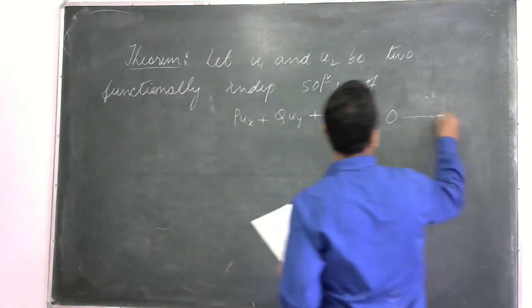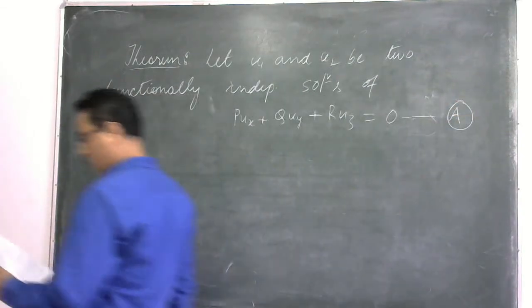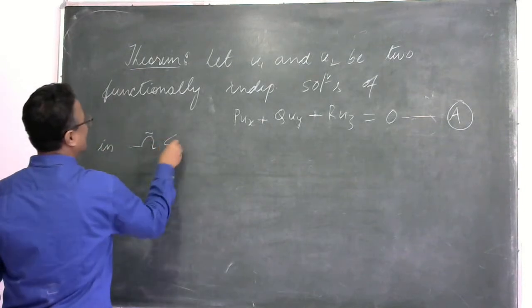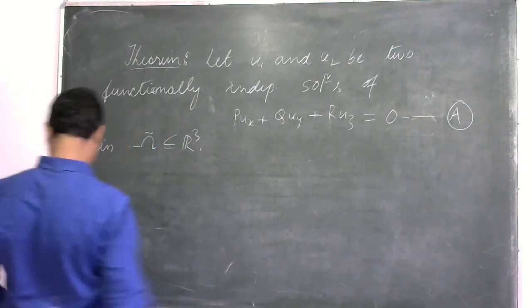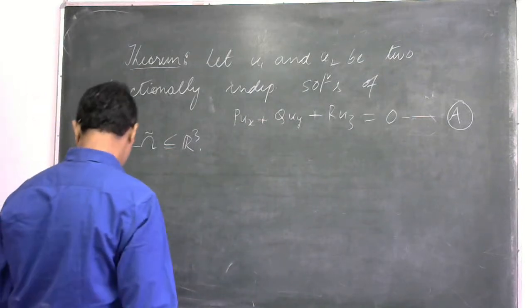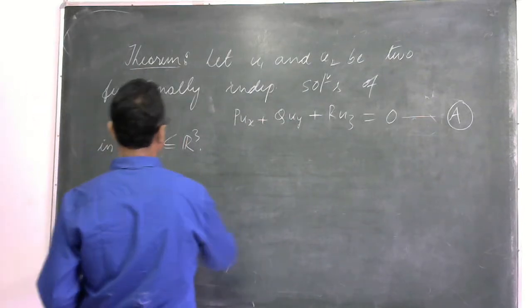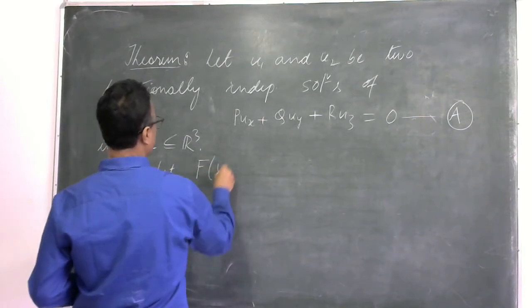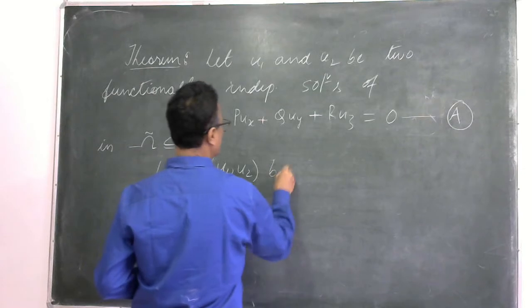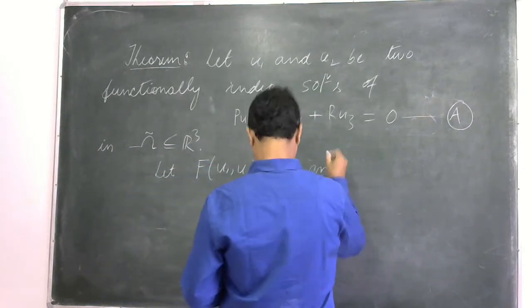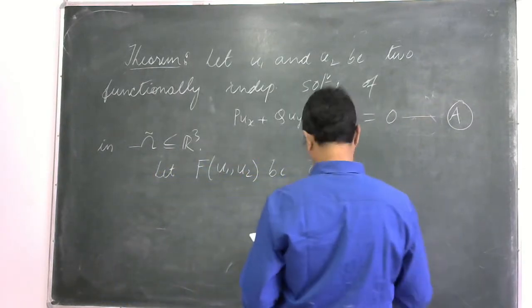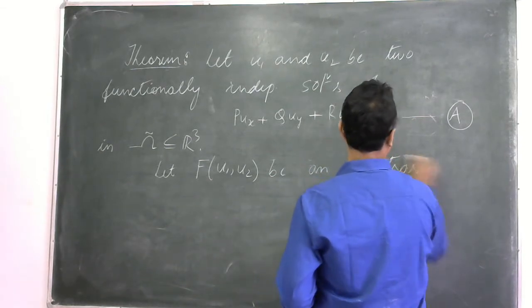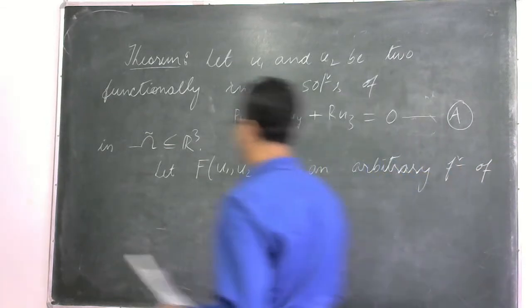Let me call the domain A, and of course that is in some R3. And let F of u1, u2 be an arbitrary function of two variables.